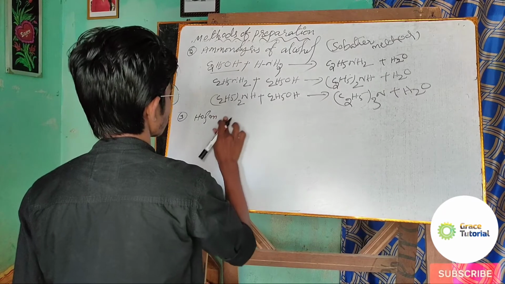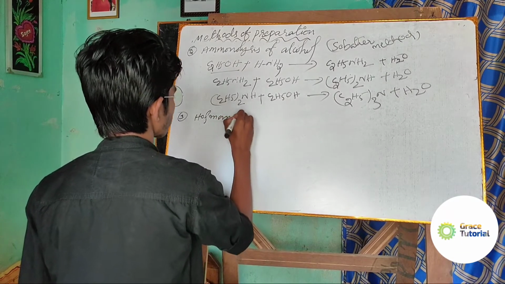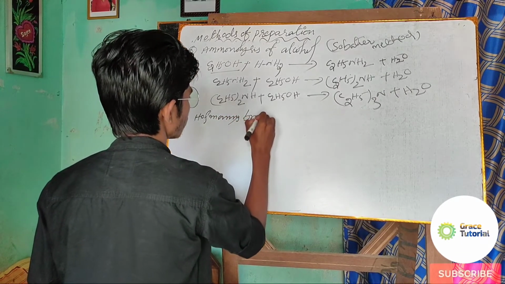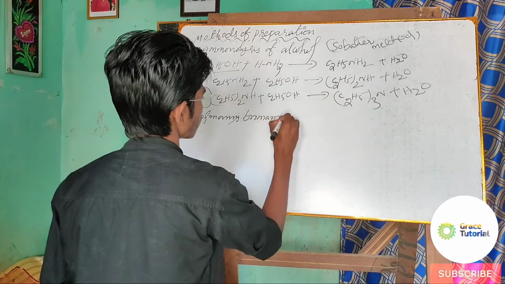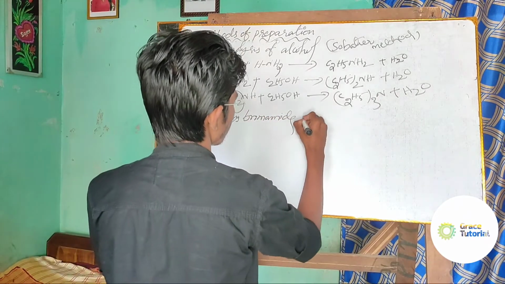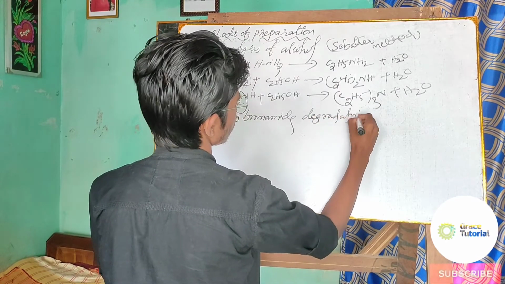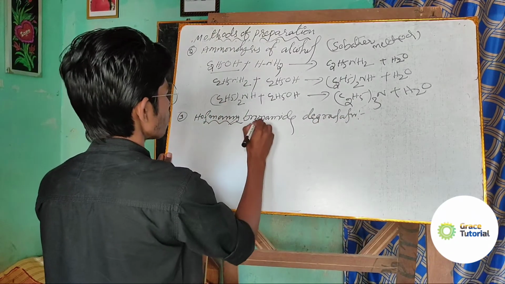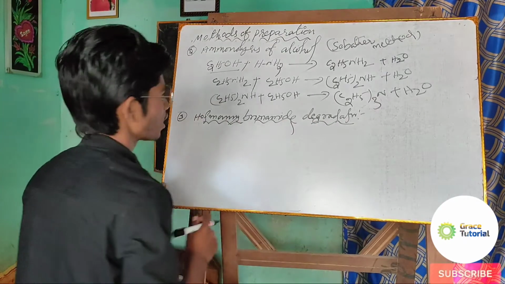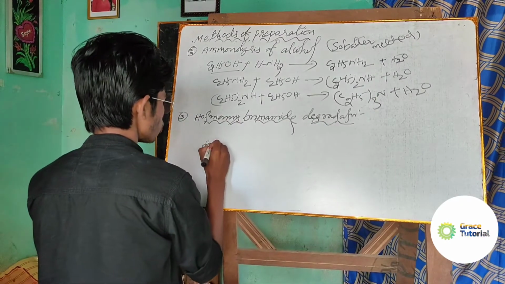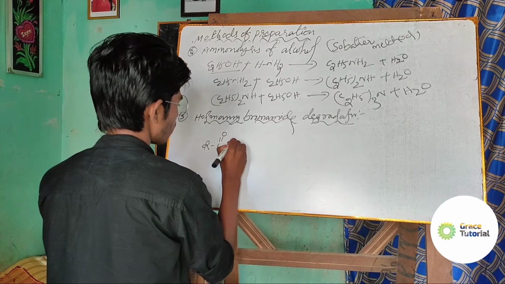Hofmann's bromamide degradation reaction. If we look at Hofmann's bromamide degradation reaction, suppose you have RCONH2, an amide.